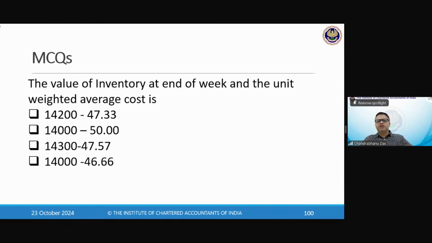Chaitanya raised hands. Very good, Chaitanya. Sir, option number D, 14,000 and 46.66. Sir, my option is slightly different, 46.33.